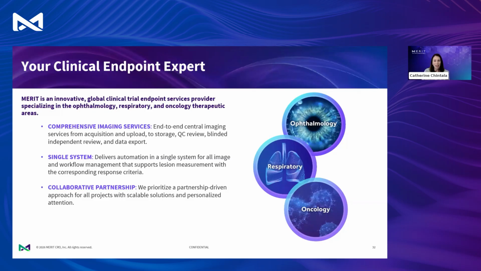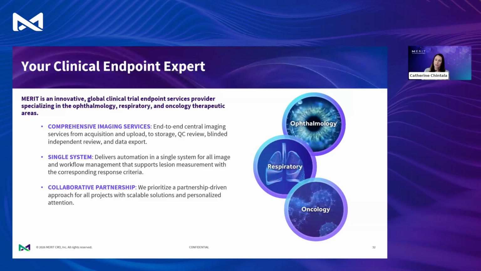We are based out of Madison, Wisconsin in the United States, but our company has a global reach. We also have offices in China, Australia, and Canada. We have team members and reading centers around the globe, making it possible to support sites and sponsors from a variety of locations. Our approach is to focus on 3 key areas.